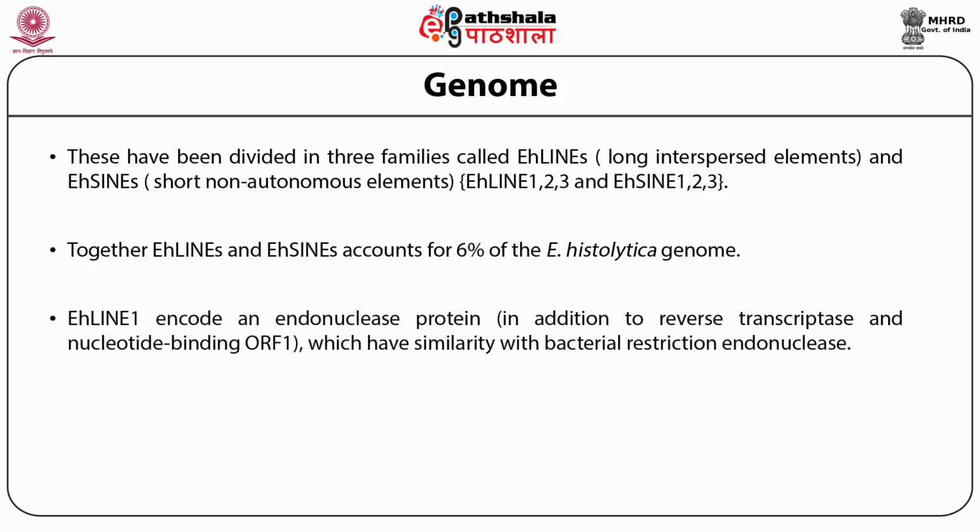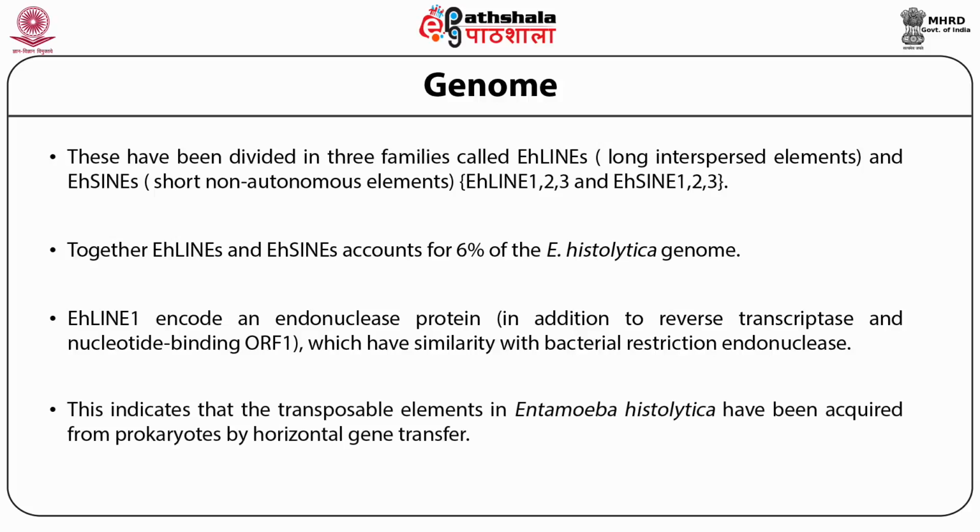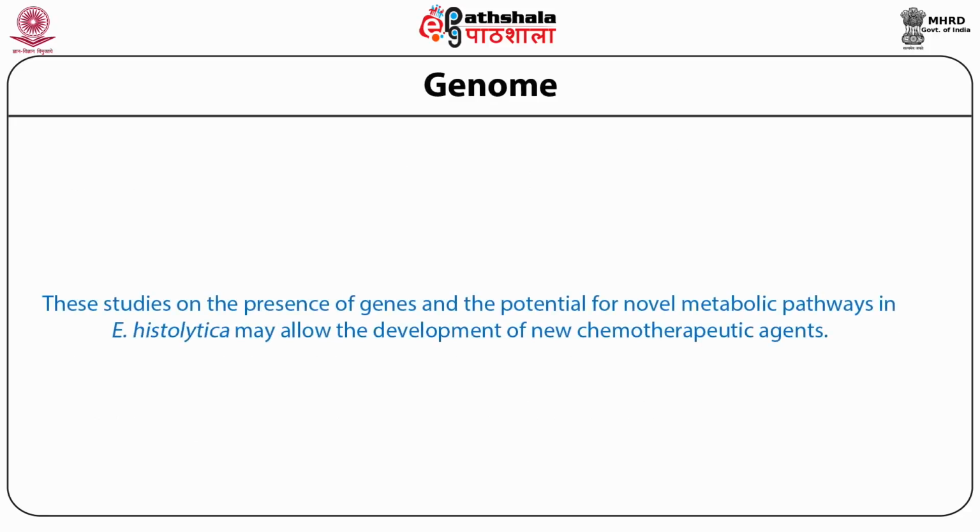EhLINE1 encodes an endonuclease protein which has similarity with bacterial restriction endonuclease. This indicates that the transposable elements in Entamoeba histolytica have been acquired from prokaryotes by horizontal gene transfer. These studies on the presence of genes and the potential for novel metabolic pathways in E. histolytica may allow the development of new chemotherapeutic agents.